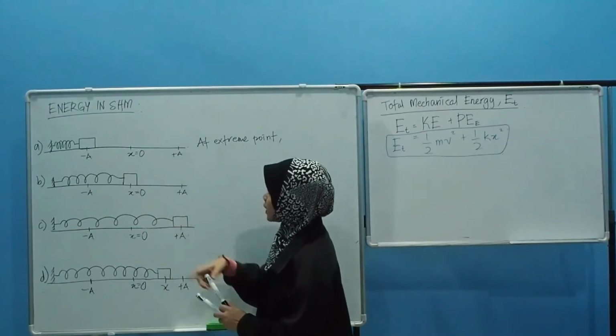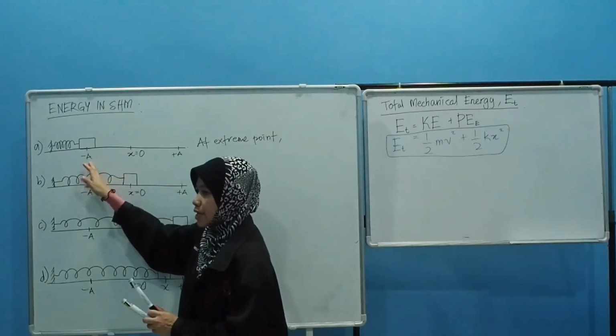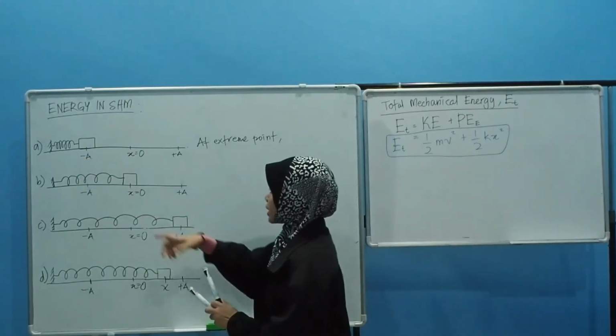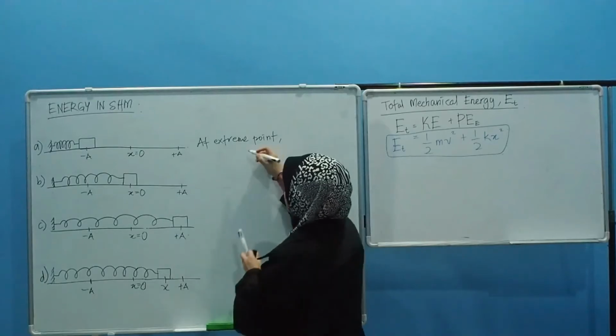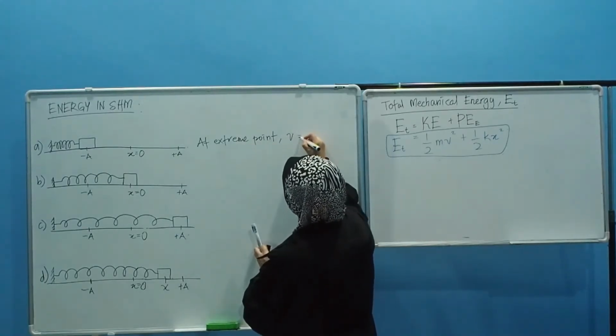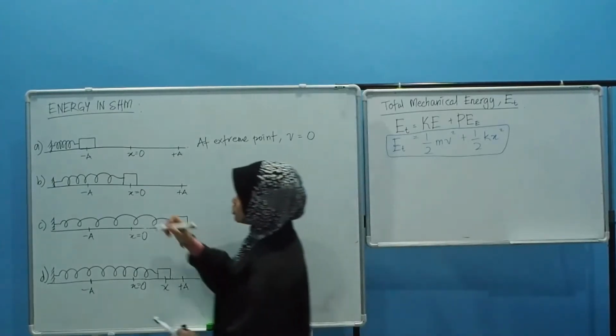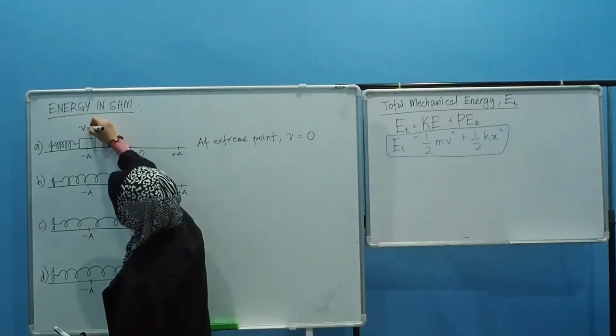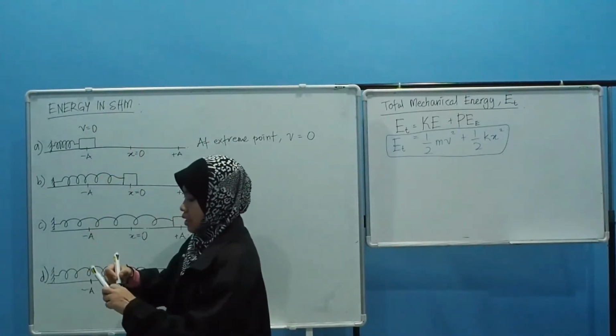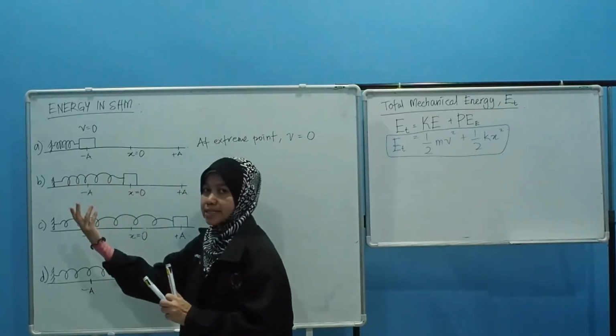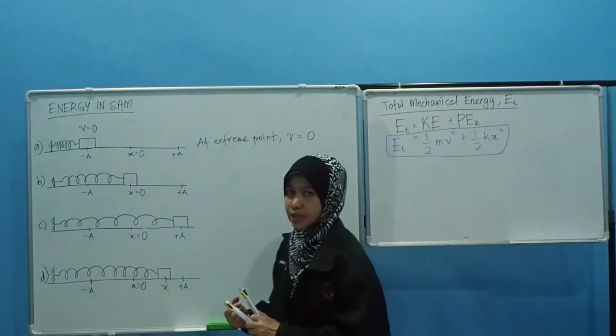So here at this point it will stop for a moment. That means at this point V is equal to 0, because it will stop momentarily as it changes the direction.